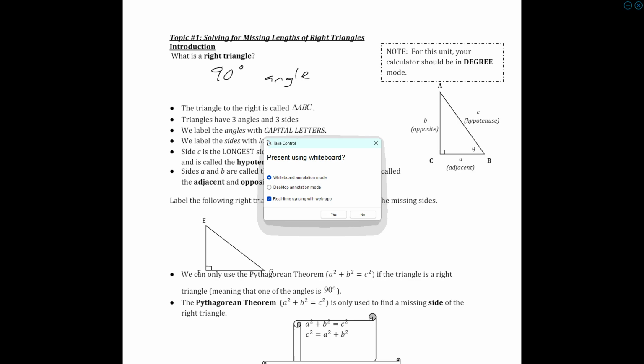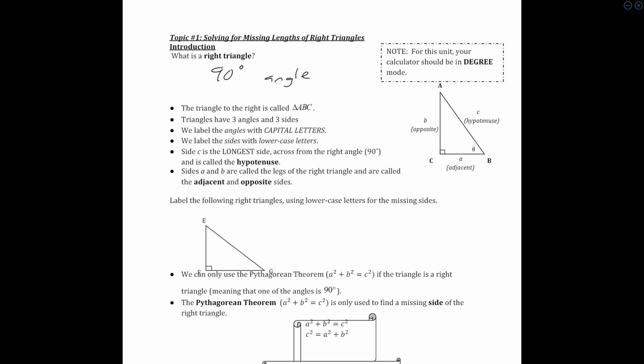Now, a couple things definitionally about triangles. If we named it triangle ABC by the angles, then notice the opposite side from the angle has that same letter. So uppercase B is opposite from lowercase b side.